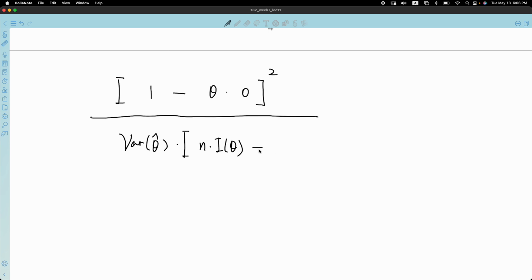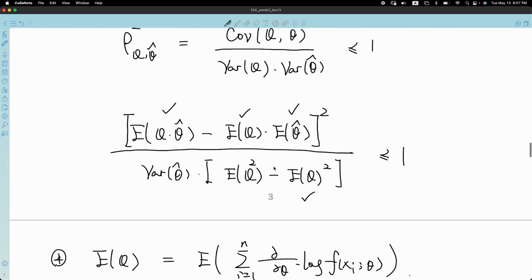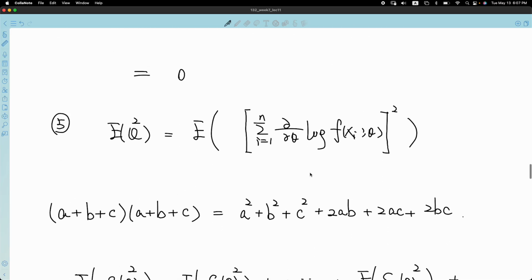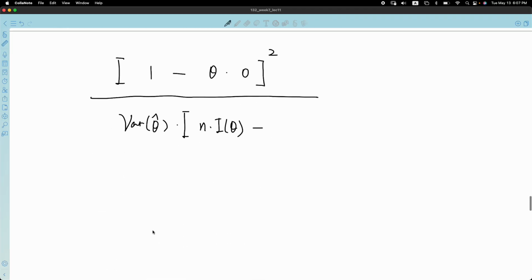Minus the square of the expectation of Q, and again from bullet point 4, that equals 0, so this is minus 0 squared. The whole thing is less than 1. Any question? Here I'm just plugging in the terms from the 5 bullet points that we constructed. Plug in 1 to 5.